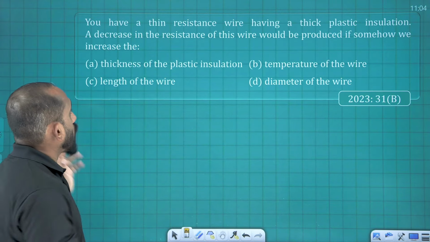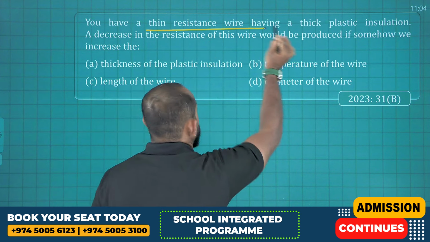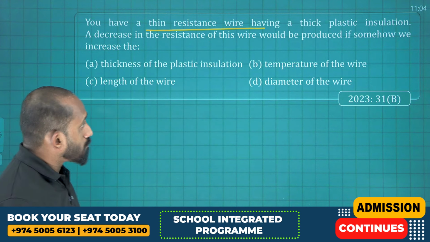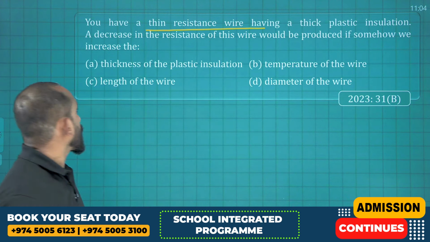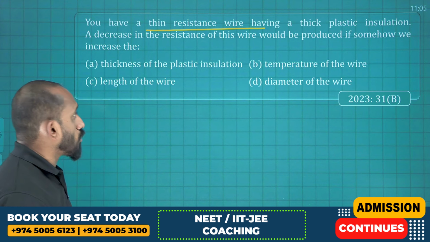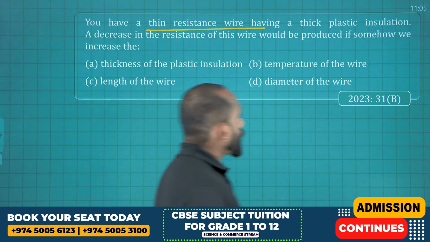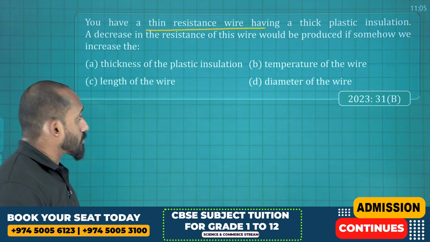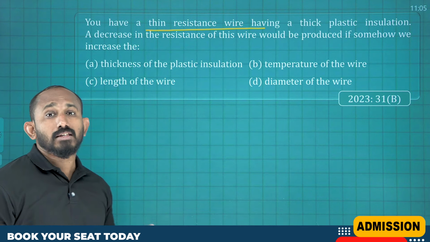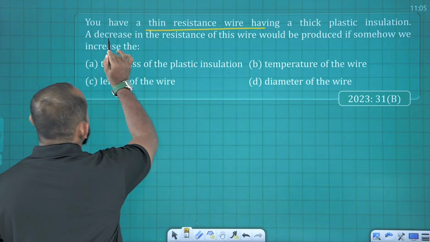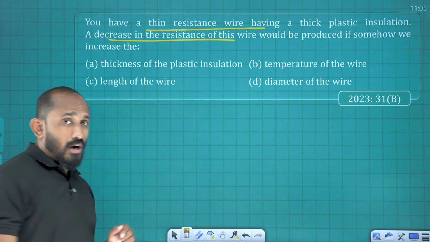Next question. You have a thin resistance wire having a thick plastic insulation. A decrease in resistance of this wire would be produced if somehow we increase the. So, how to change the resistance? You have to decrease the resistance. Already you have a thin resistance wire.